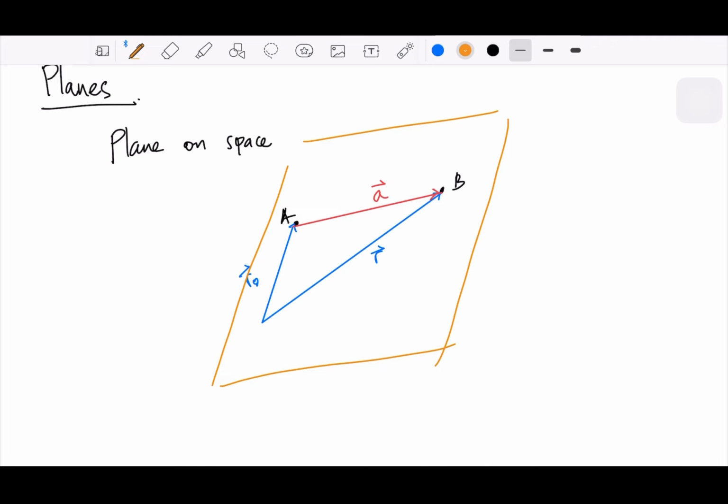But how do we describe the plane? If we just look at the line, we will not get anywhere. It's difficult to describe the plane through this line.